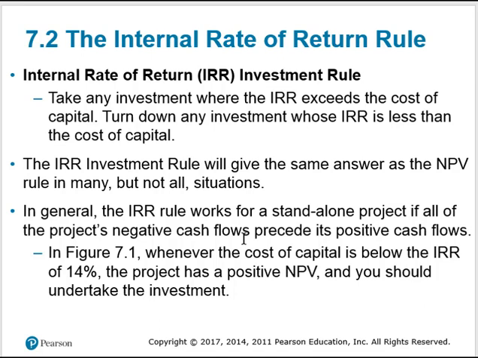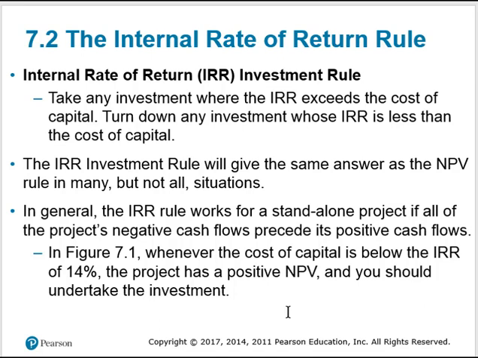In general, the internal rate of return rule works for standalone projects if all of the project's negative cash flows precede its positive cash flows. Right? So in your text, there's a picture, right? Whenever the cost of capital is below the internal rate of return of 14% for that picture, then the project has a positive net present value.